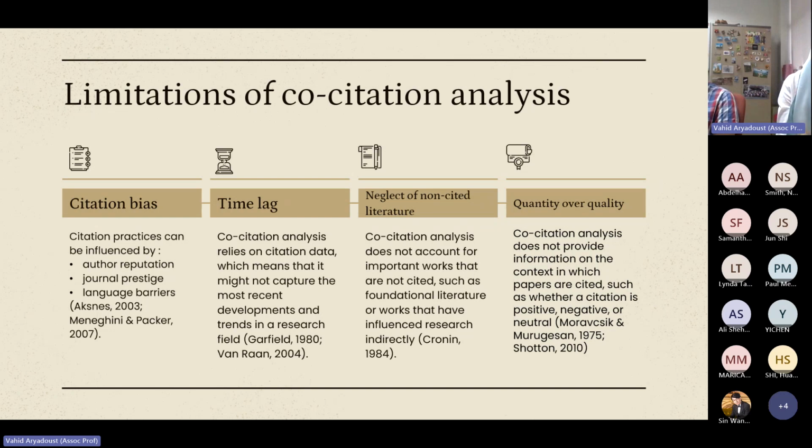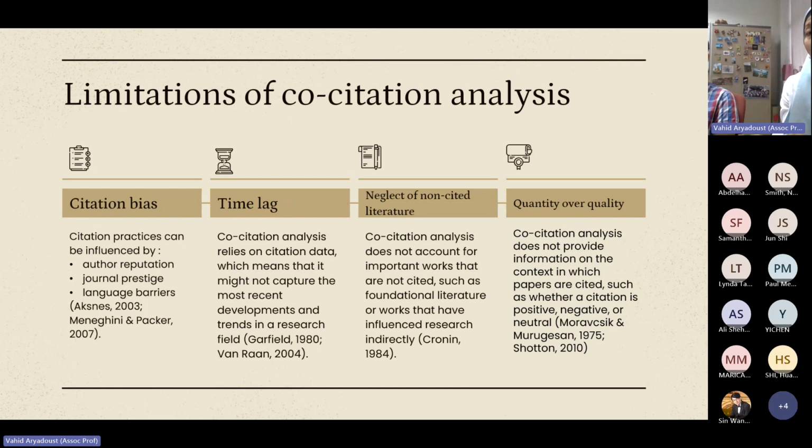In our paper, we restricted our analysis to only quartile 1 journals because it was such a massive undertaking. We acknowledge that this is a limitation: we deliberately took on journal prestige as a metric at the outset in order to select our journal articles. So we have to just be aware of that.